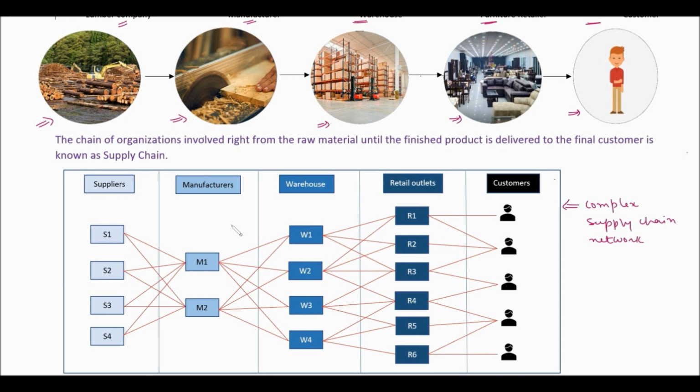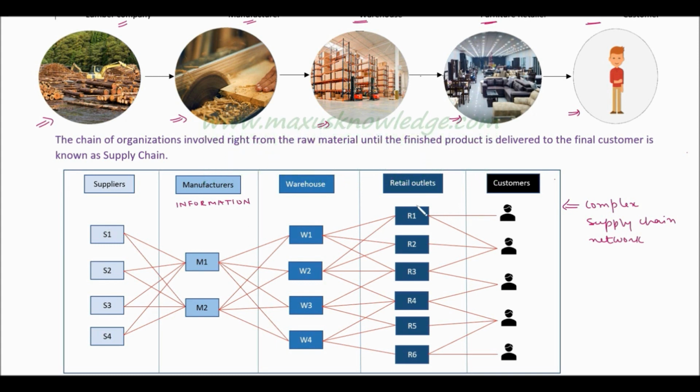A supply chain is dynamic and involves constant flow of information, material, and finance or money. So let's understand this concept using this complex diagram. Now let's first understand the flow of information. So the information, primarily the demand information, is flowing from the customer through the supply chain to the suppliers.